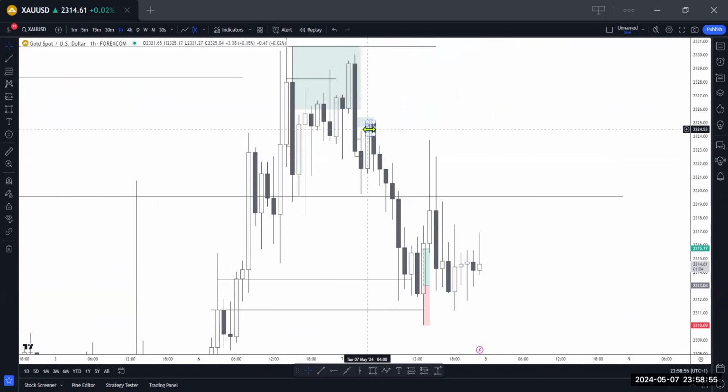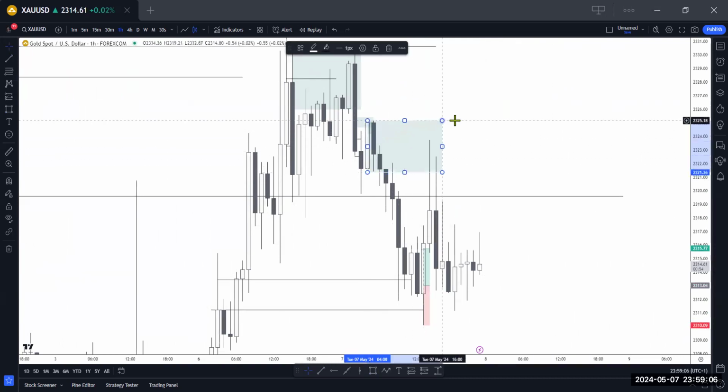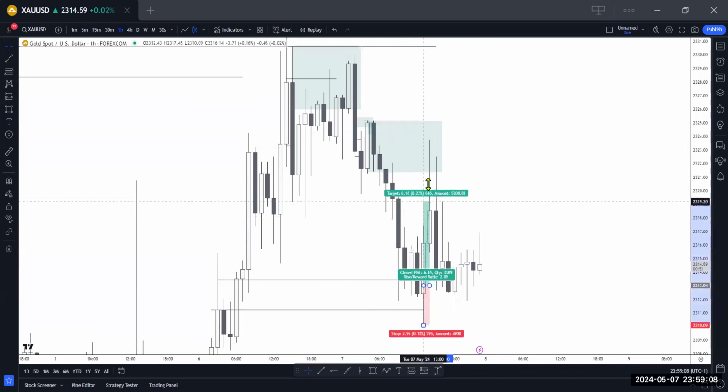Now it's an engulfing sell, right? So this was the initial engulfing, these two candles. When you combine this one, this becomes the new engulfing. So if I'm going to buy, I should buy back to this level. That's some decent 80 pips, right?